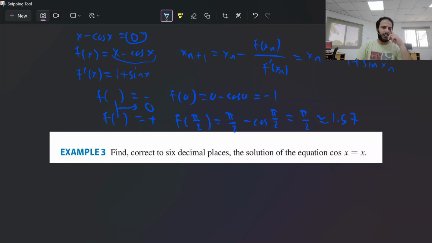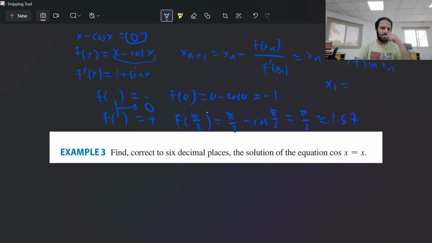So you know that it's good to choose x1 between 0 and 1.57, right? You may want to choose 0.5, right?